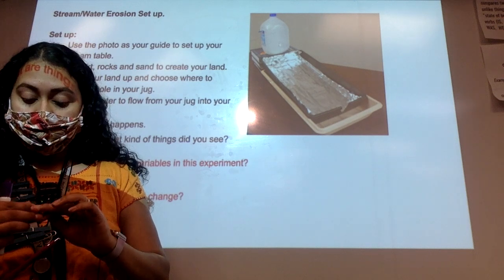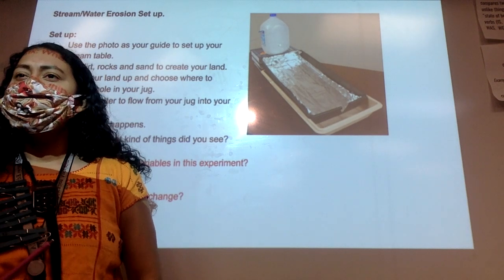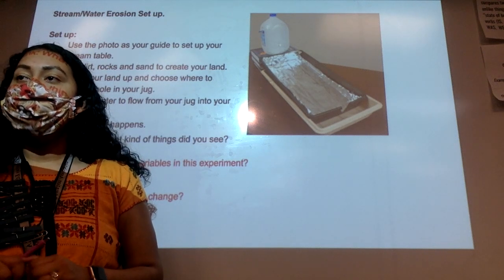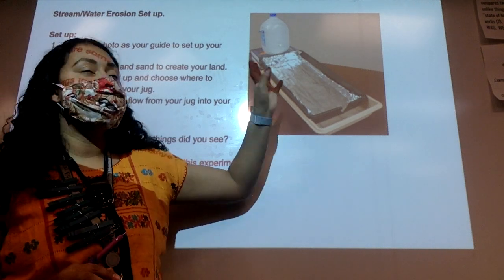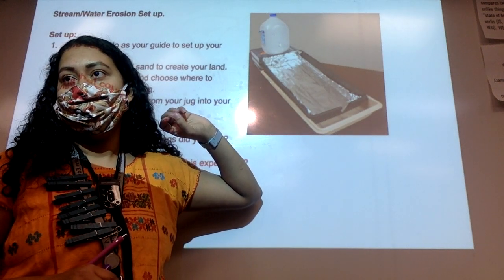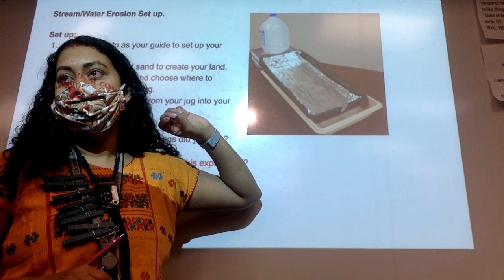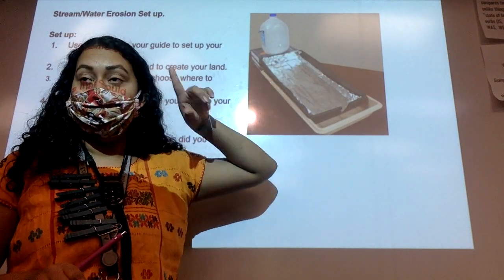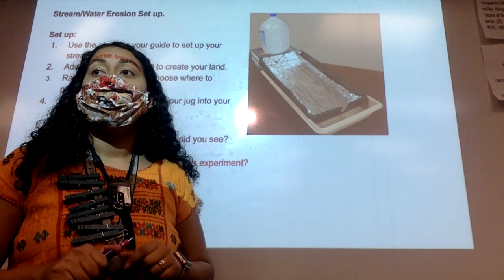The water? Not really. So what do you mean by the water? What could you change with the water? You could poke a hole in different areas. Okay, so poke more holes so that it has a lot of holes. And then it will just cause an ocean. Anything else?